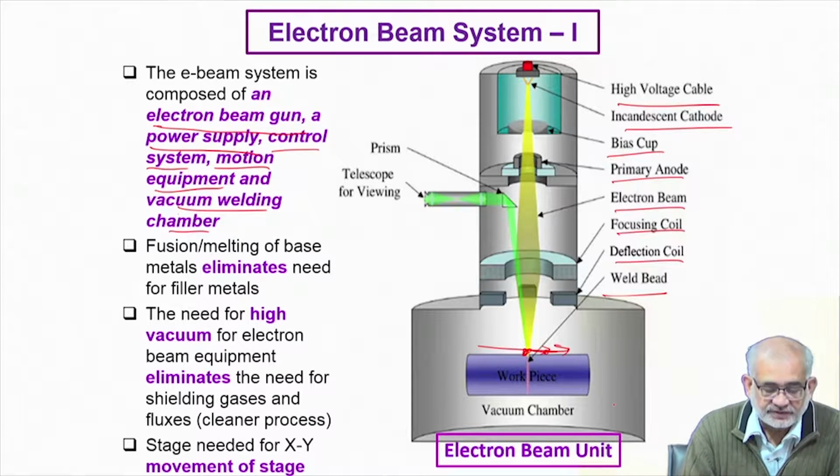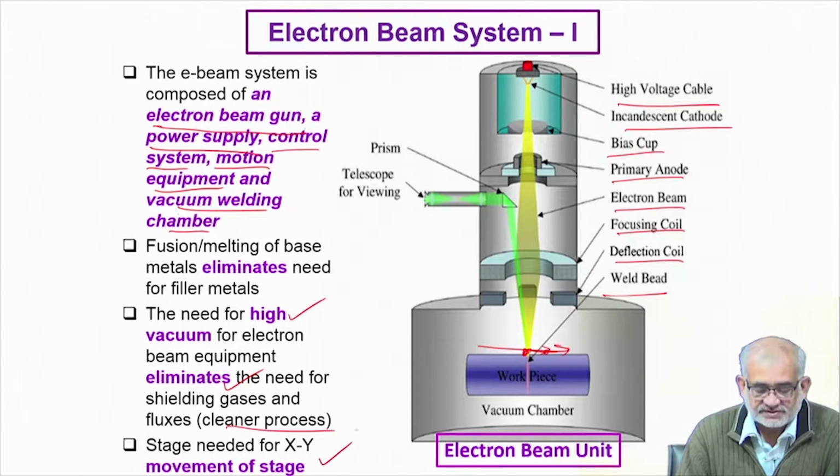We must quickly recall that we require very high vacuum, and since there is no extraneous material present in the form of shielding gas or flux, it's a very clean process, and we need certain stage manipulation.